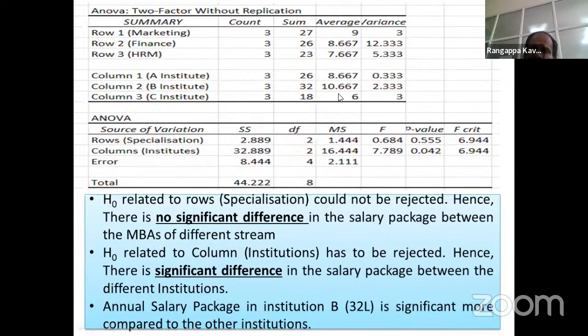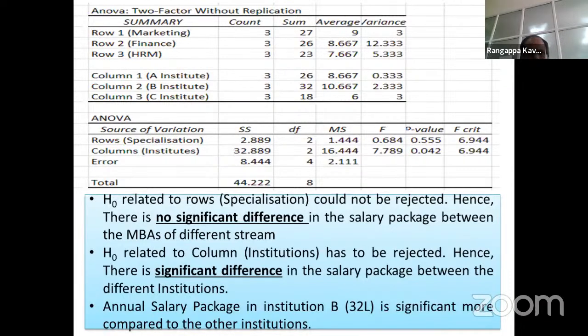And the average salary package of 6 lakh among the students who studied in C institution is definitely lesser than that of graduates from the other institutions. So therefore, institution matters. I mean, not that the stream you have studied is not important, but in this context, the institutions play an important role in influencing the average salary package.